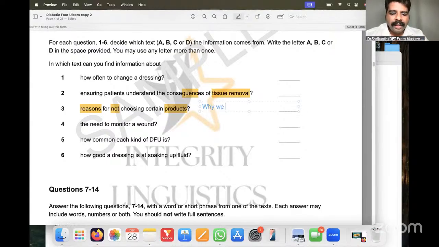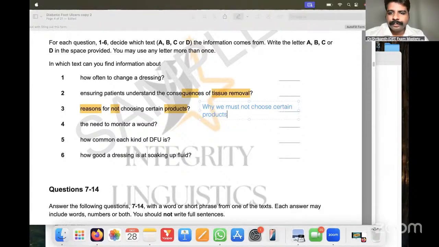Why we must not choose certain products. Right. So this is the question. Now, in which text do you think the answer is going to be? Do you think it is going to be in text A, B, C, or D? Let's try to find out.